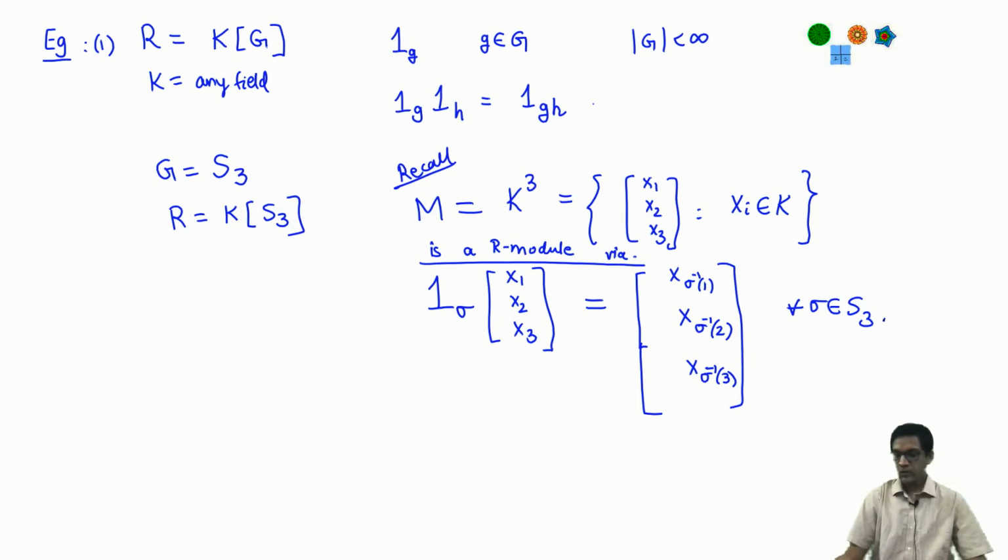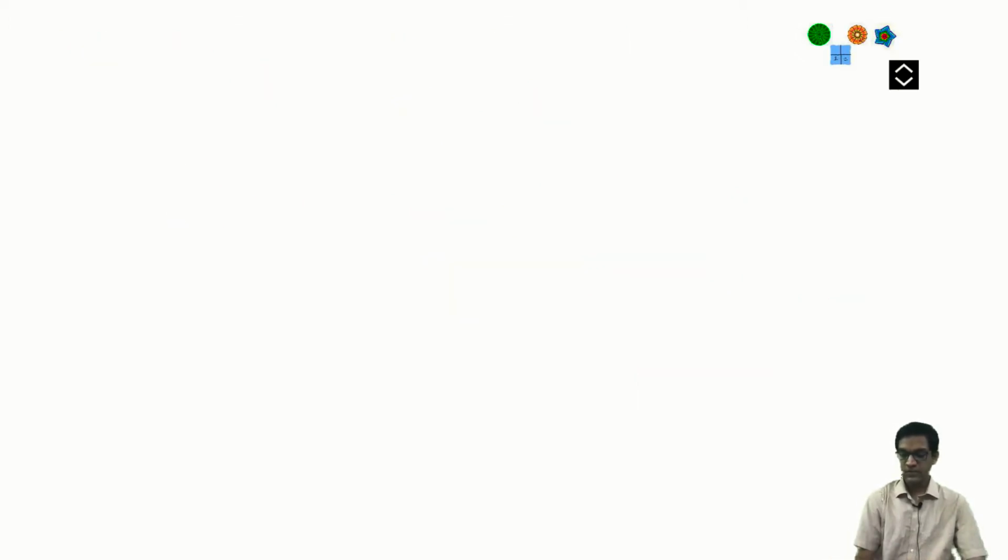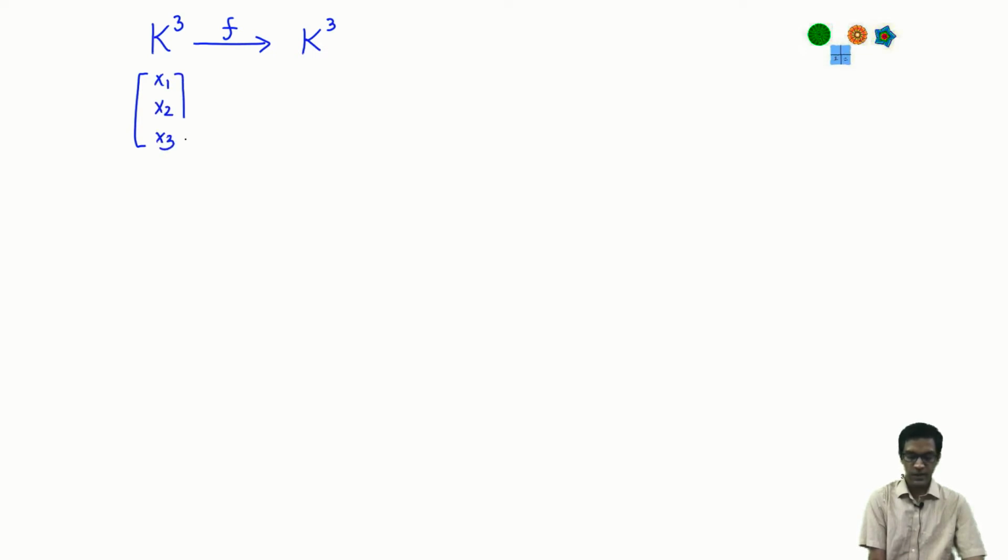Now what we are going to do is define a homomorphism of this space to itself. Let me take this module K3 and define a homomorphism of K3 to itself. The map is the following: the vector x1, x2, x3 is mapped to x1 plus x2 plus x3 in each of the 3 coordinates.